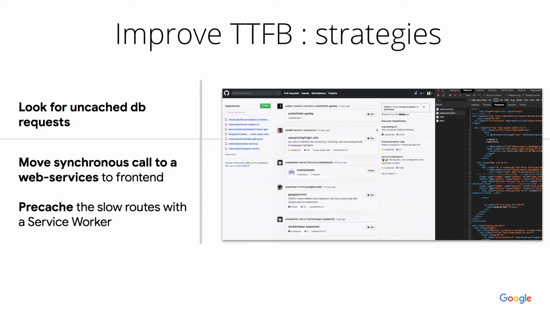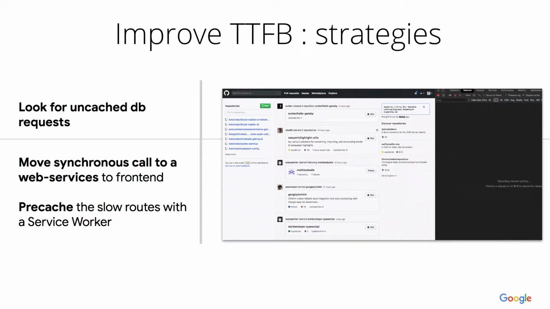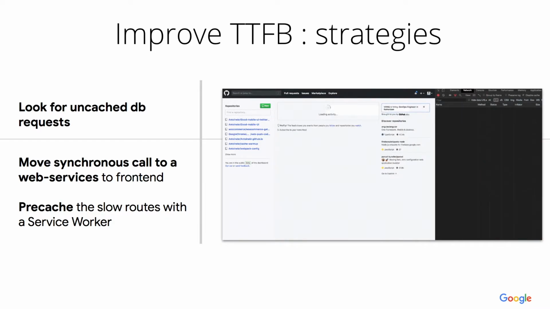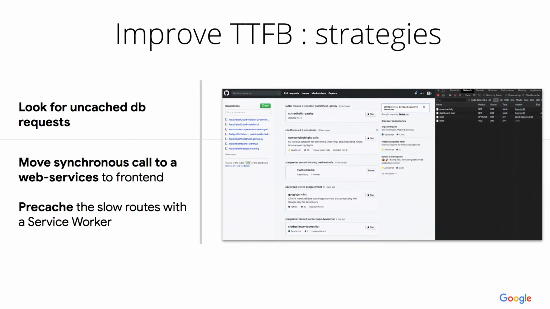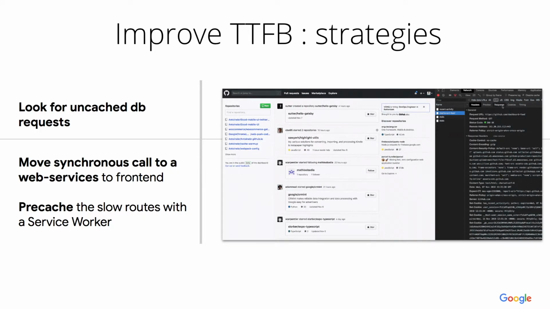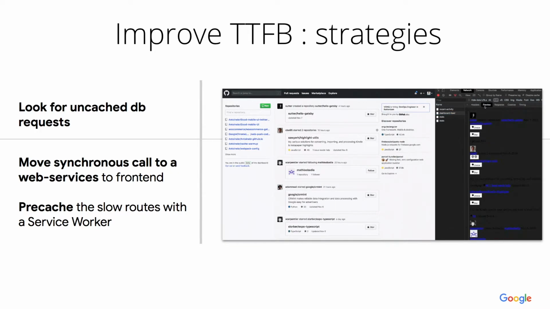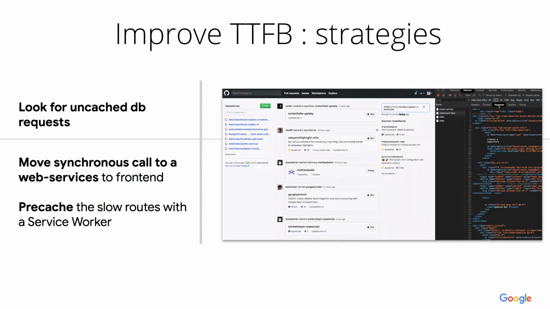When you go on GitHub and when you go on the dashboard, you can see that we have this spinner with loading activity, because I think that for them, getting the feed with all the notifications is hard to cache.